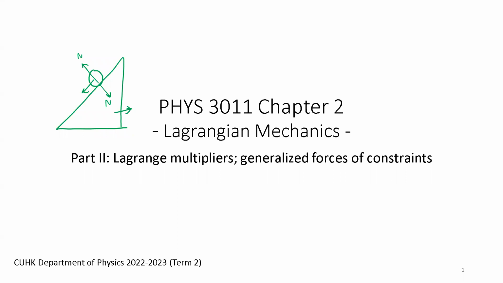So in the Lagrangian method, we do consider the potential energy, and of course you understand that the potential energy is due to force, that is the gravitational force. But the normal reactions, we don't have a potential energy associated with this normal force.